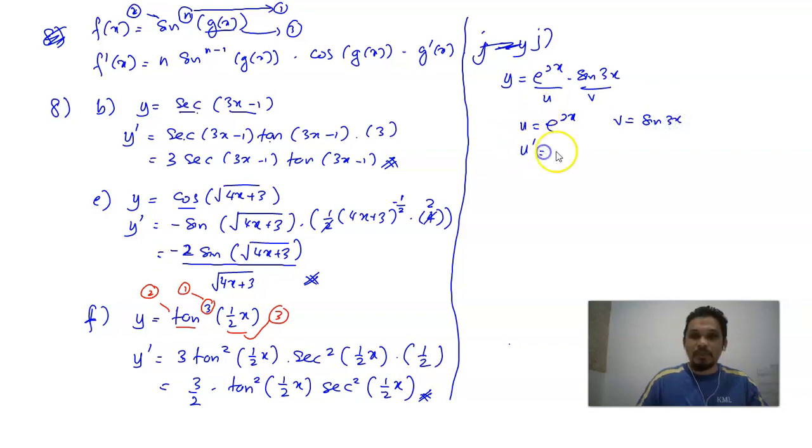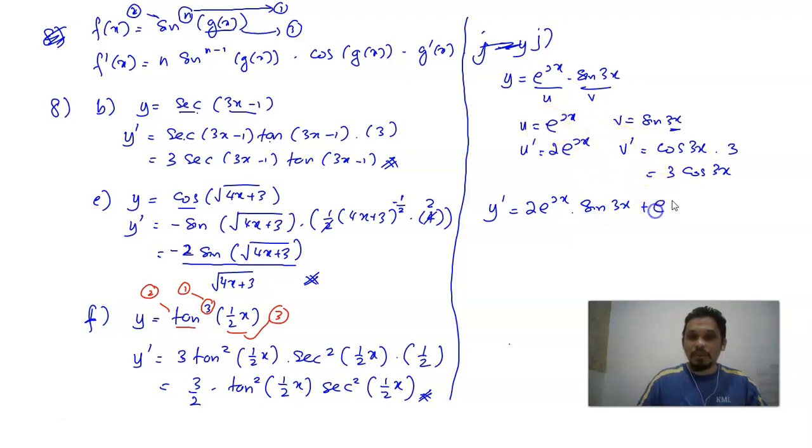Then u prime equals 2e to the power of 2x, and v prime equals, derive the sine, it gives you cos 3x, and differentiate 3x gives you 3, so 3 cos 3x. So then y prime equals u prime, 2e to the power of 2x, multiplied with v, which is sine 3x, plus u, e to the power of 2x, multiplied with v prime, 3 cos 3x.